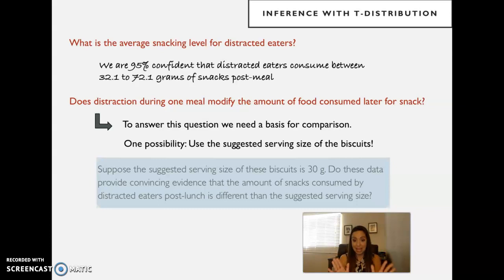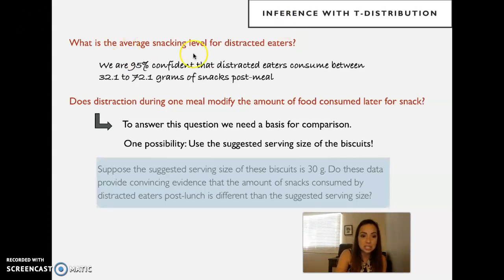If you're thinking yes, and you're thinking yes because 30 grams is not contained in this interval here, good for you. That's a quick and dirty way to test a hypothesis. It's a two-sided hypothesis, so a 95% confidence interval is a good one, because on a two-sided hypothesis, I have 95% non-rejection in the middle and 2.5% on each side, so it coincides with the 95% confidence interval.